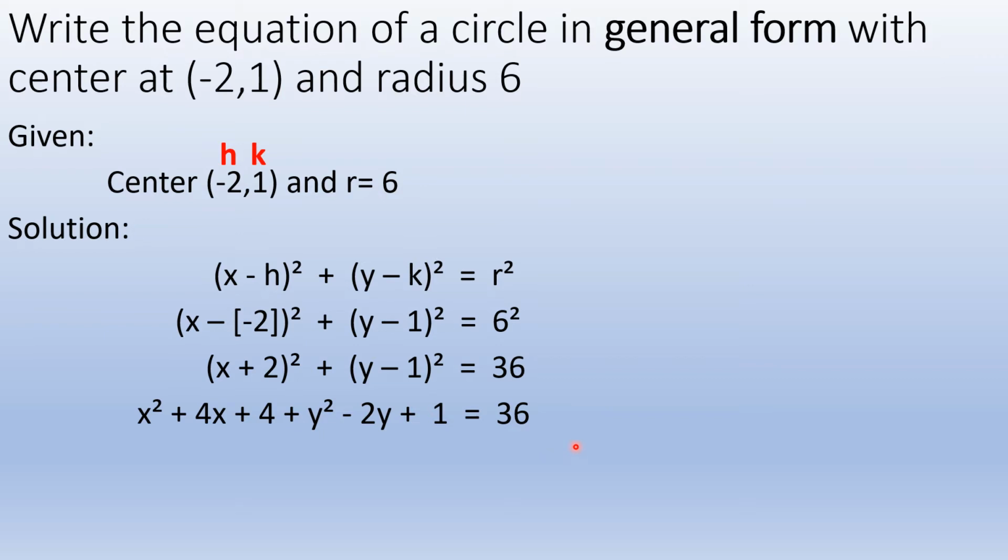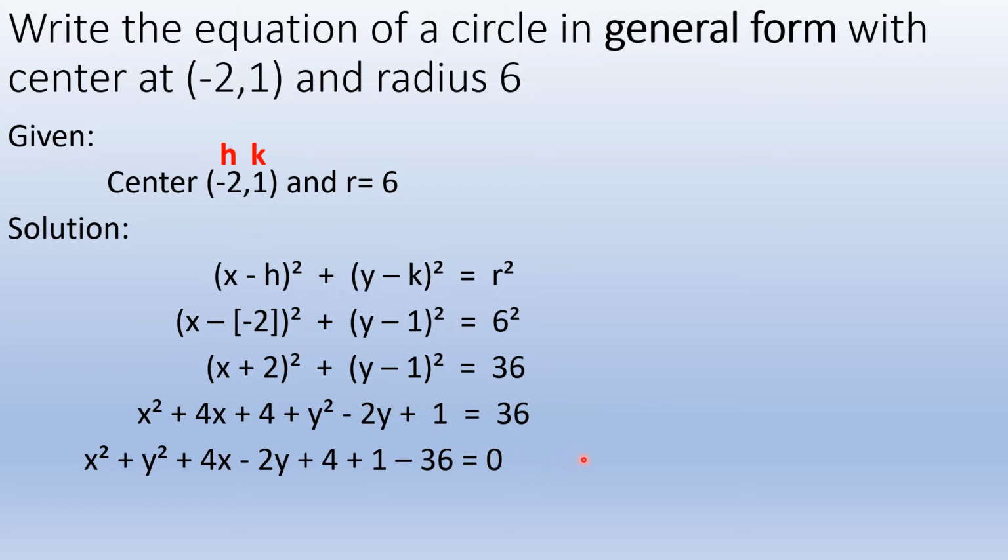So, let us now simplify. Arrange natin siya. So, x squared plus y squared. Sunod yung may coefficient na x, so 4x minus 2y. At lahat ng constant term nandito sa huli. So, positive 4, positive 1, minus 36 equals 0.